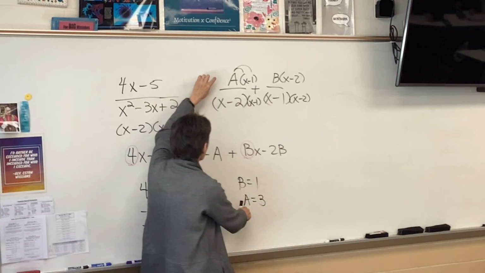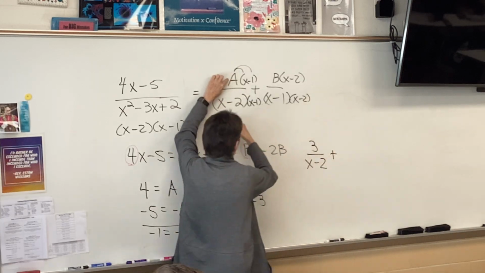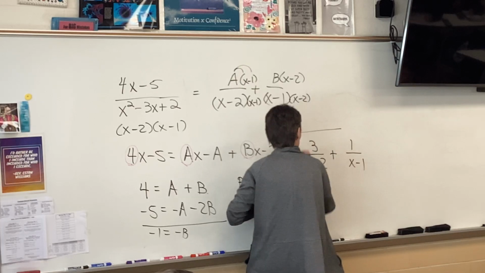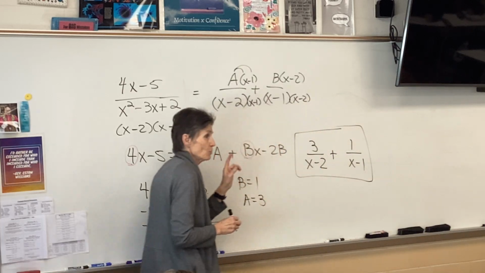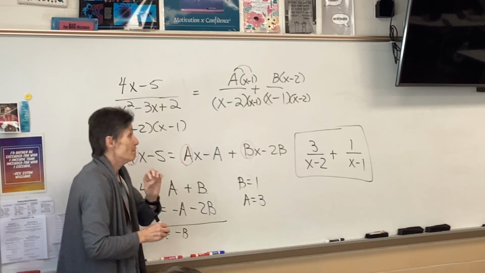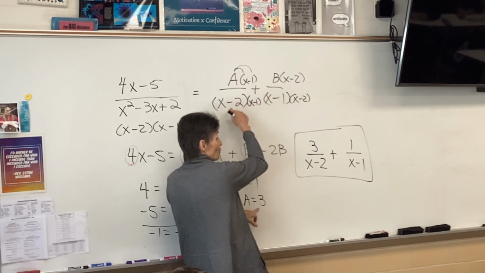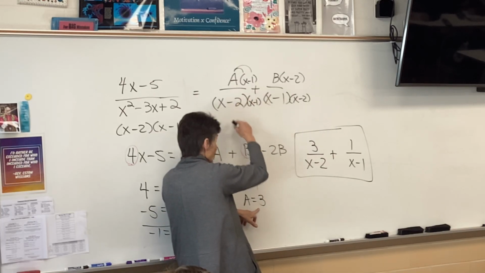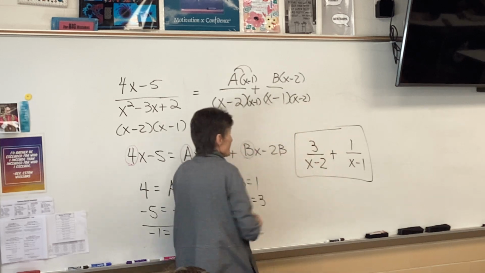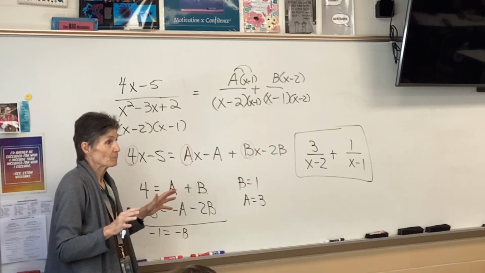So 3 over x minus 2 plus 1 over x minus 1. That is your answer. Your answer is not a and b. Your answer is the fractions. Make sure when you write your answer that you put your a over your denominator. So it's 3 over x minus 2 and 1 over x minus 1. Everybody good? Feel like you could do that if you had to?